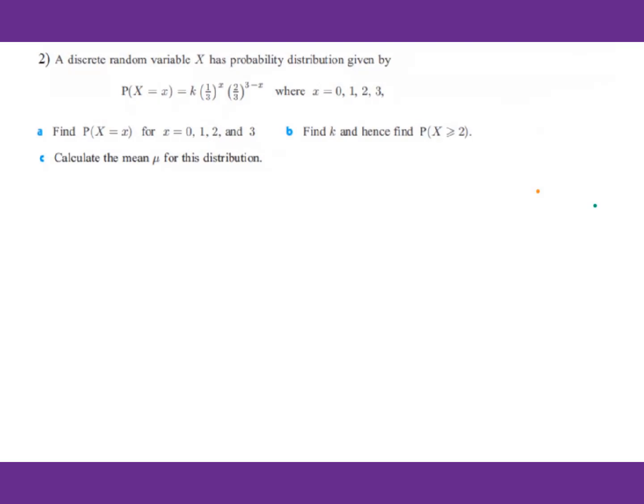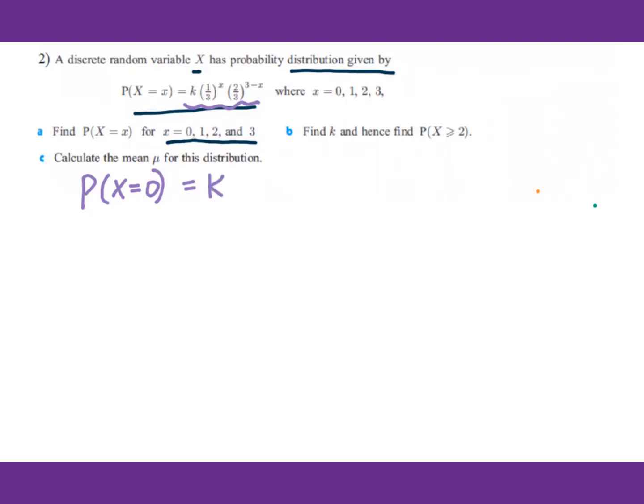Now let's go to number 2. A discrete random variable x has a probability distribution given by this formula. A. Find the probability x equals x for x equals 1, 2, and 3. Probability x equals 0. We just need to plug this here.